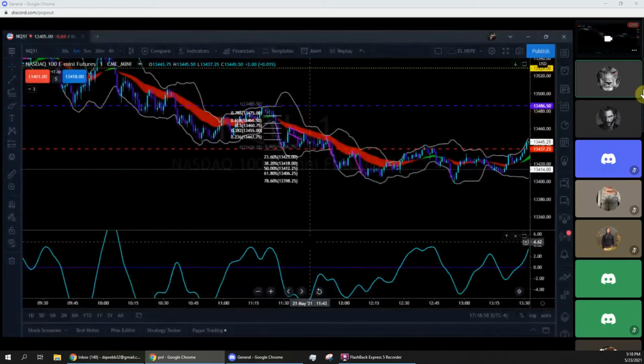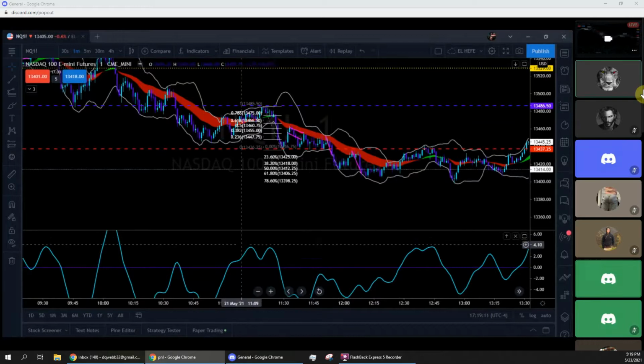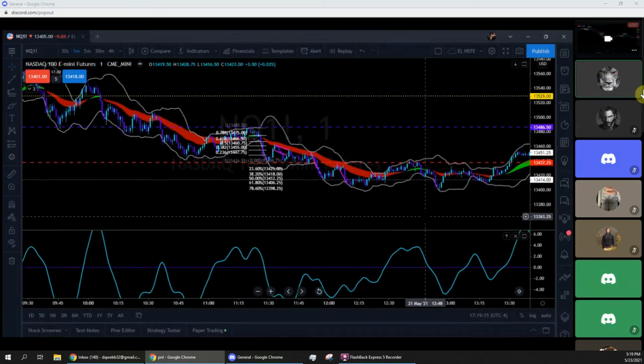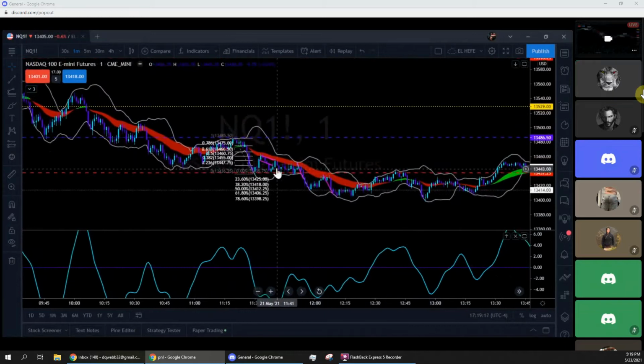And if you can put all those in your favor and be mindful of where you are inside that range or moving away from that range, you have an extremely high probability profitable trade. It's all about that confluence. It's all about putting as many things in your favor as possible. And all along, keeping a tight risk management, right?